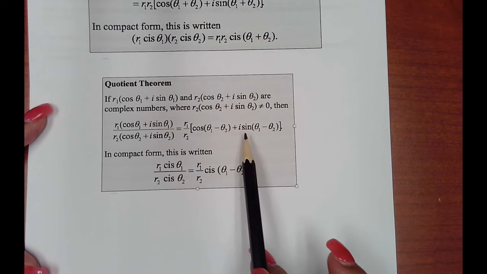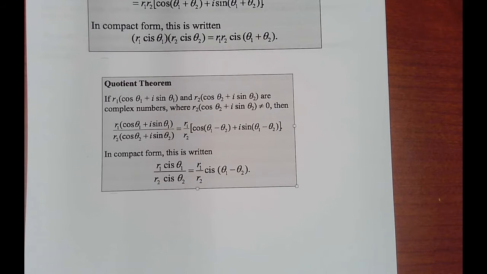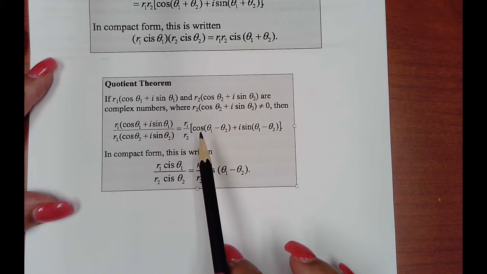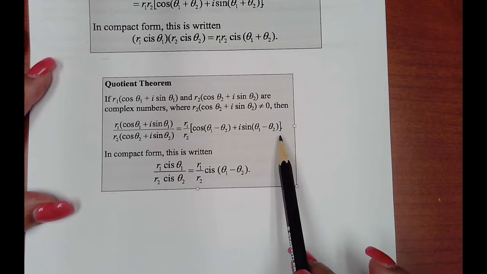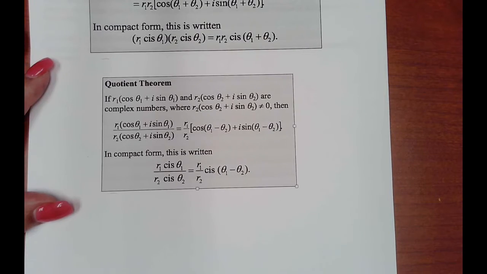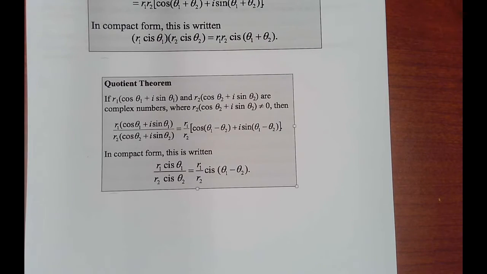Instead of cosine plus i times sine, this cis will replace cosine plus i times sine, and the one angle that you got when you subtracted will go right in there. So I'm going to demonstrate how to find a product and how to find a quotient.